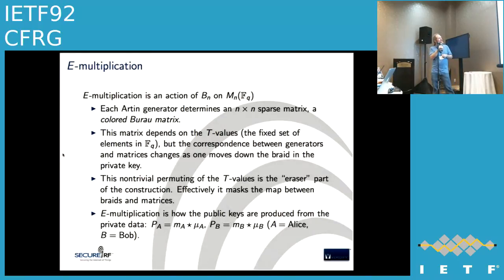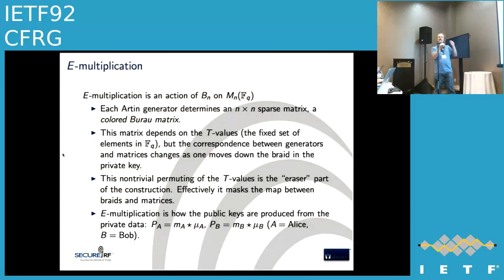Okay, so each generator, each simple flip, determines an n by n sparse matrix, and the sparsity is also important for the ability to run in these low-power environments, called a colored Burau matrix. The matrix depends on this fixed set of elements in F_q, but as you move down the braid, as you apply the braid to the matrix, that correspondence between generators and elements of F_q changes.